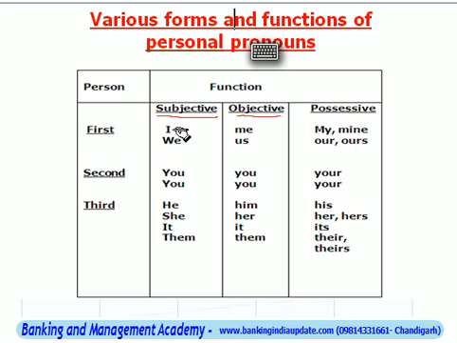When we talk about pronouns in the nominative case, in the first person we say I and we. It simply means that the sentence begins with these words: I'm going to the market. We have done our work. When I have to use first person in the objective case, I use me. This boy hit me.